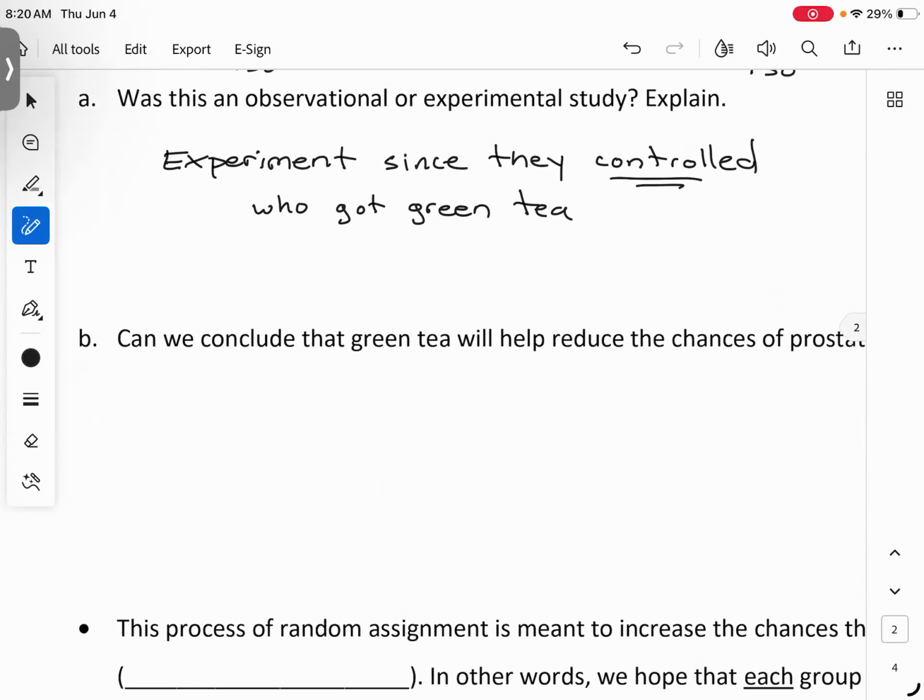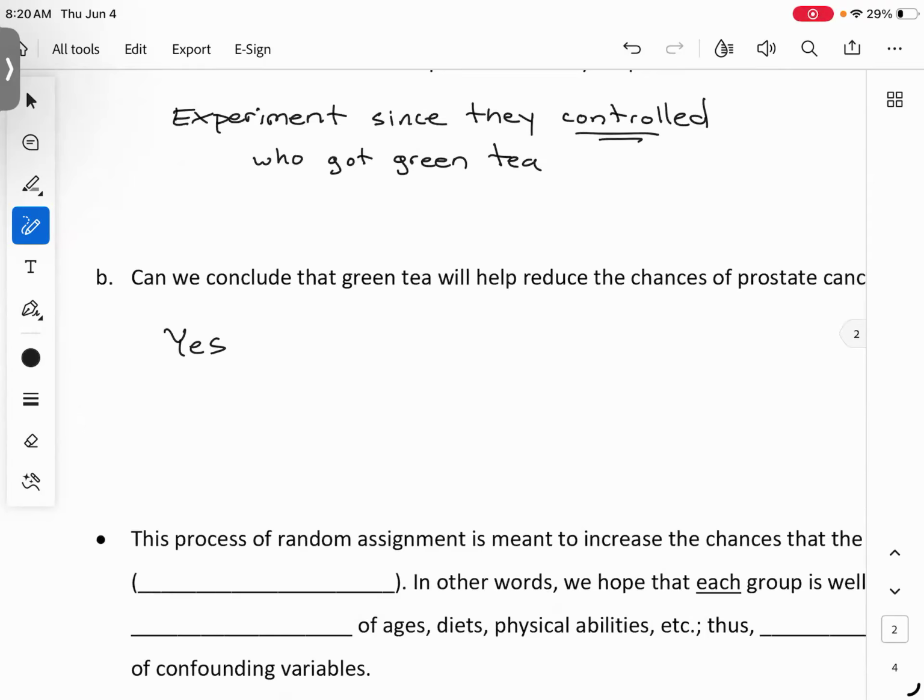And then the quick answer here is going to be yes. Can we conclude that green tea will? So this is the cause and effect type language. Can they say with more certainty and more definitively, like, hey, if you drink green tea, you will have a reduced chance of getting prostate cancer?